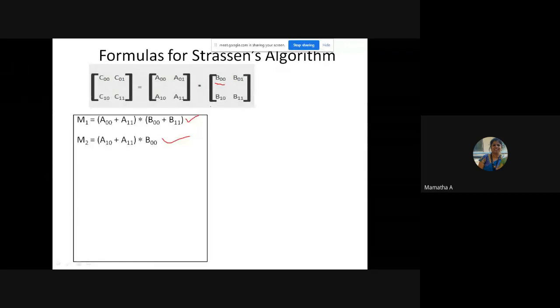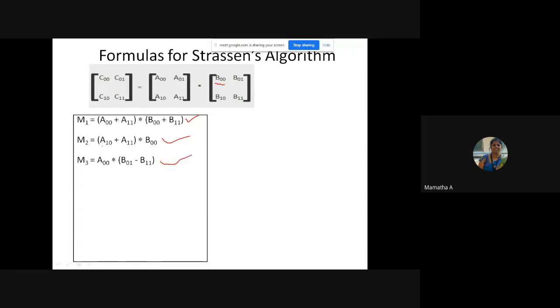The next is M3. So M3, can you observe what it is? It is taking the first element of the first matrix multiplied with what, students? Difference of second column elements of the second matrix. Okay, somehow you have to please take it down.